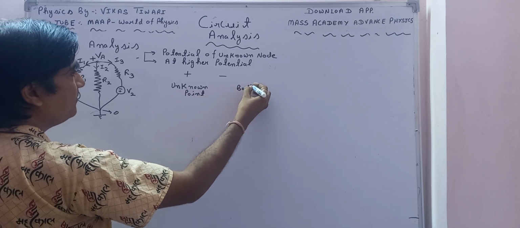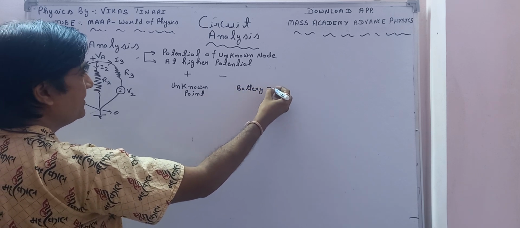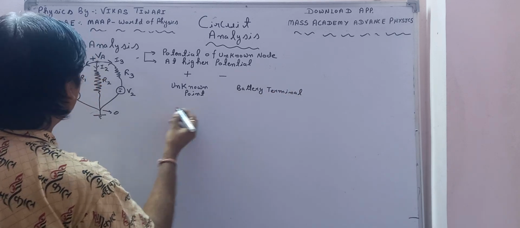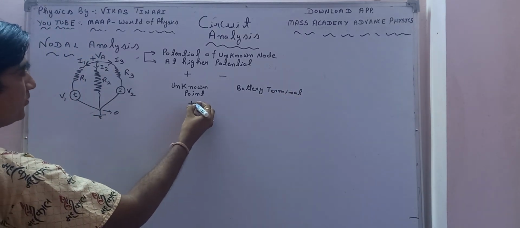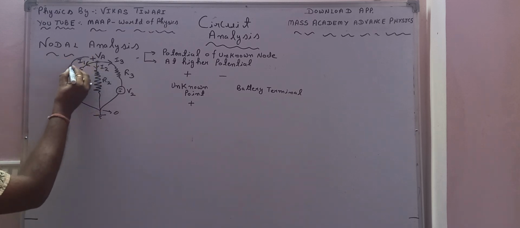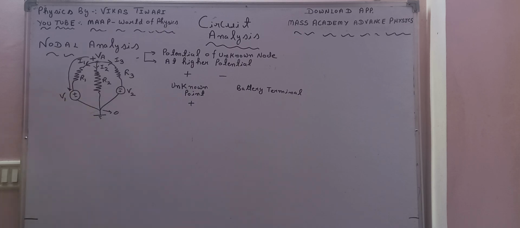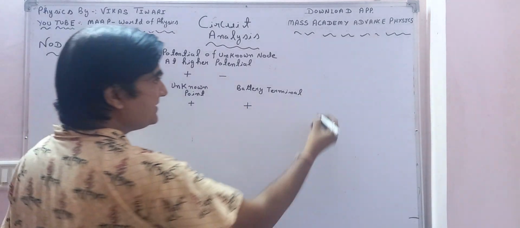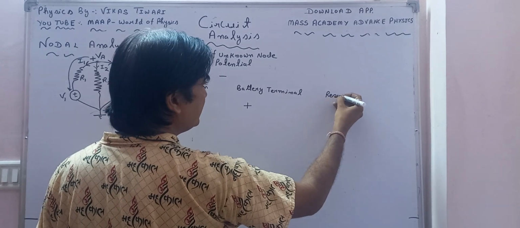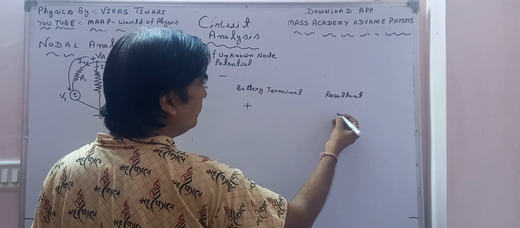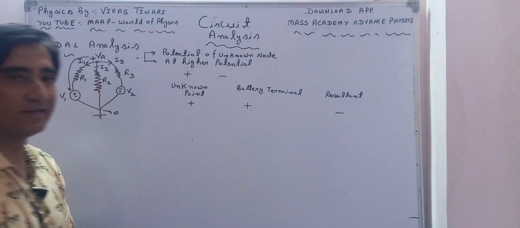When we are talking of a battery terminal, if I take the unknown point as positive, and it faces the positive terminal of the battery, then the resultant between the two voltages I will take as negative.